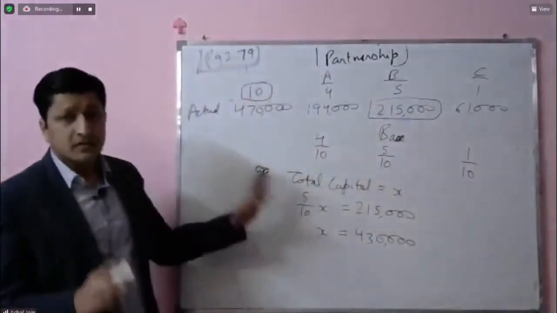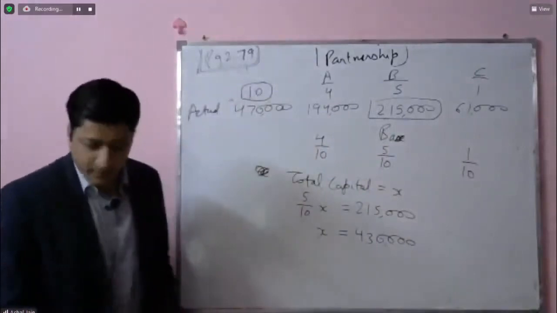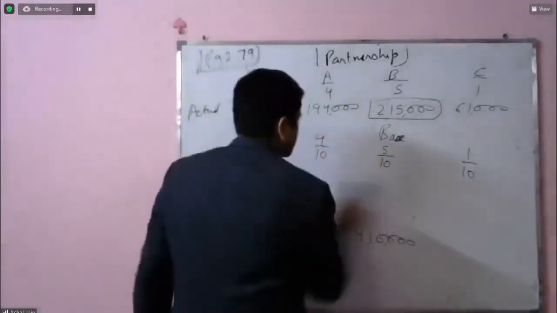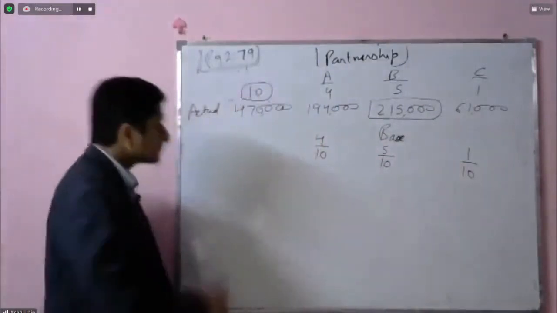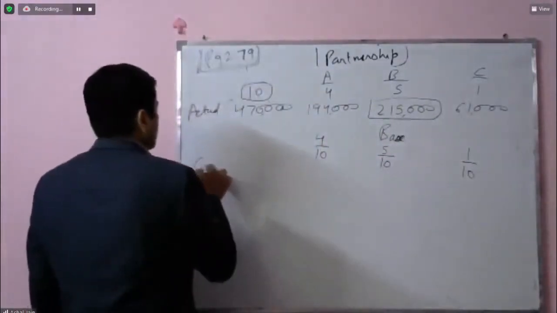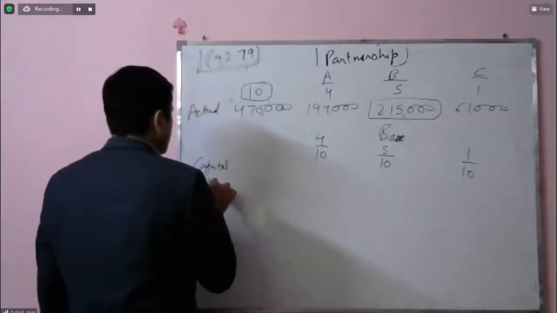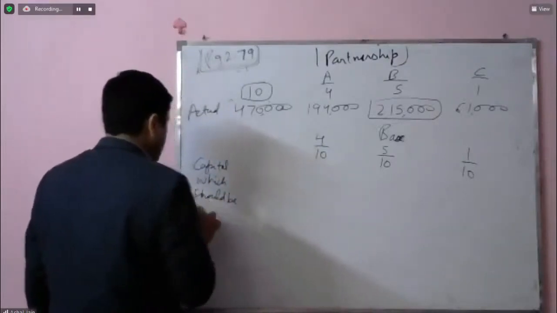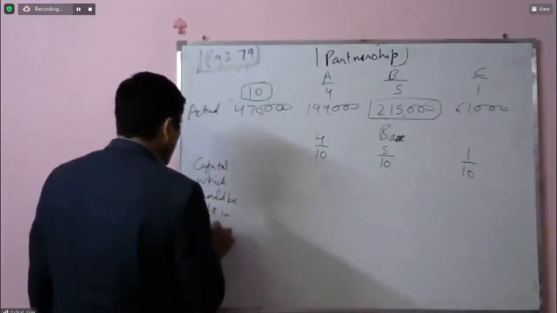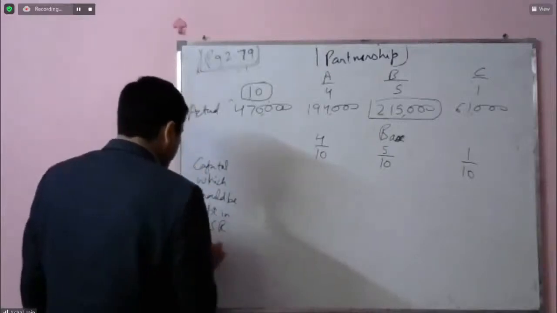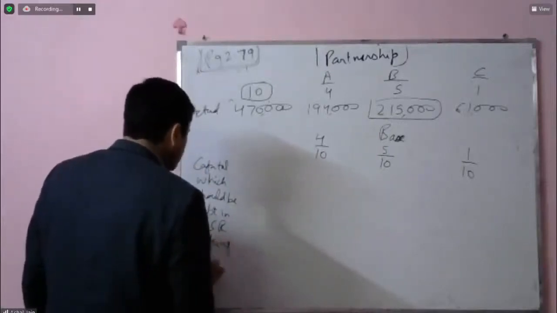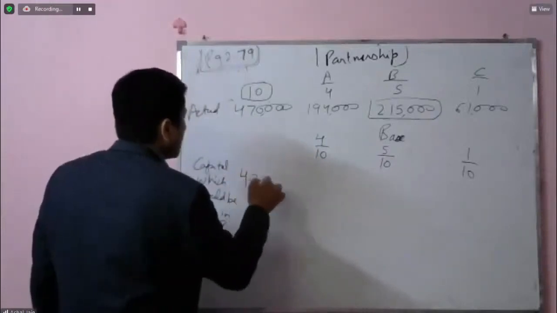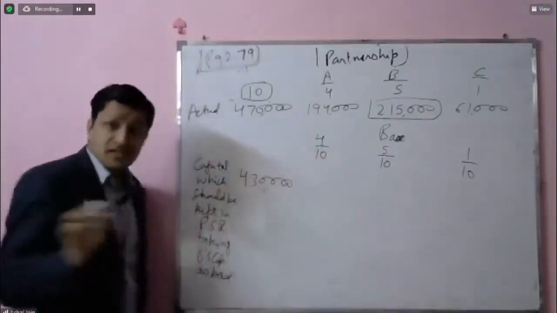That means we have got the total capital which should be kept in profit sharing ratio, taking B's capital as base, which is 4,30,000.